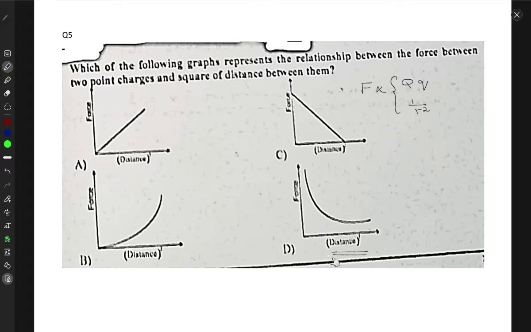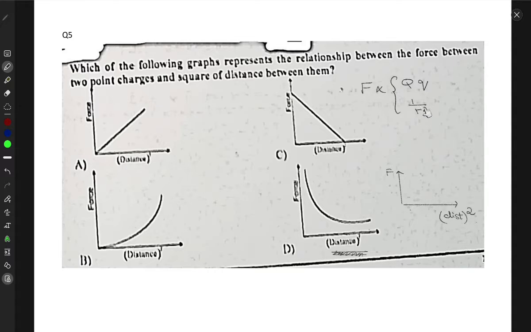You're supposed to note that the graphs are plotted with force on the y-axis, and on the horizontal axis, it's not distance, right? It's the square of the distance. Which means that you should be looking for a graph that is a straight line moving downwards, right? It will not be a curve, because on the horizontal axis we are looking for distance squared and not distance, right?